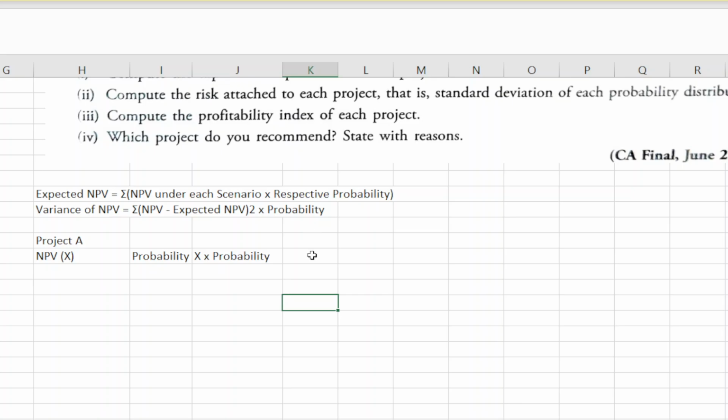When I do X into probability and take the total of that, I will get the expected NPV. That is my expected NPV.